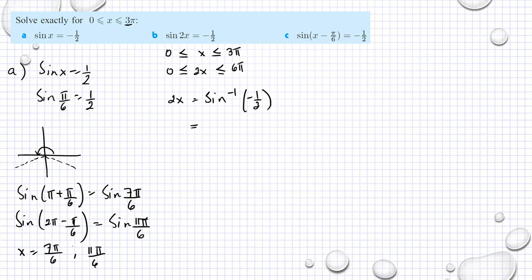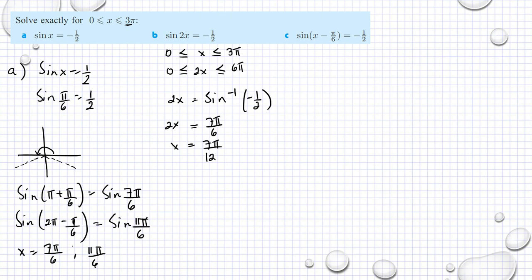We know now that the first one is 2x equal to 7 pi divided by 6. If we divide both sides of the equation by 2, then we have x is equal to 7 pi divided by 12.